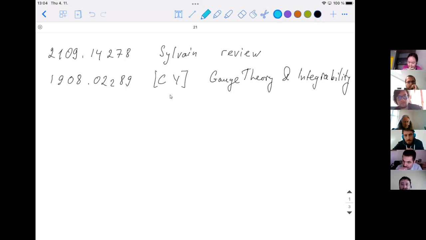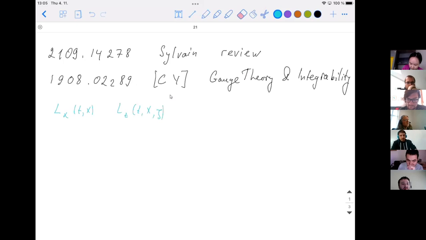Just a simple reminder that when you study two-dimensional integrable field theories, to check if the theory is integrable, you need to construct these Lax connections.